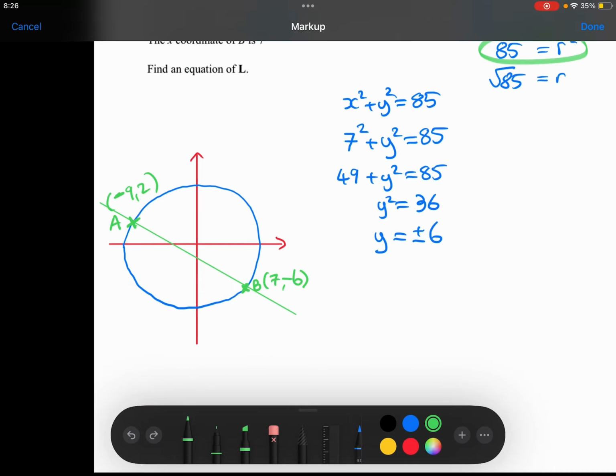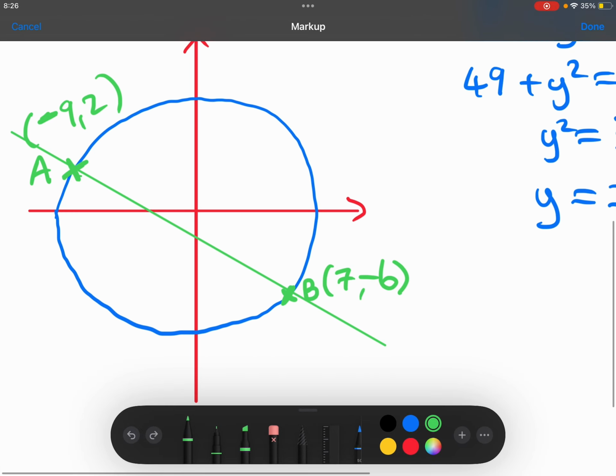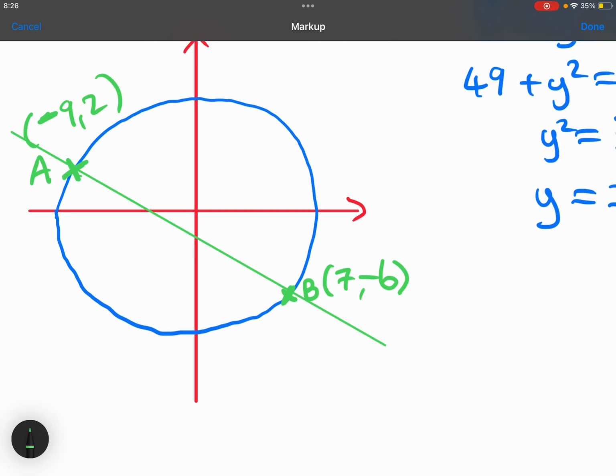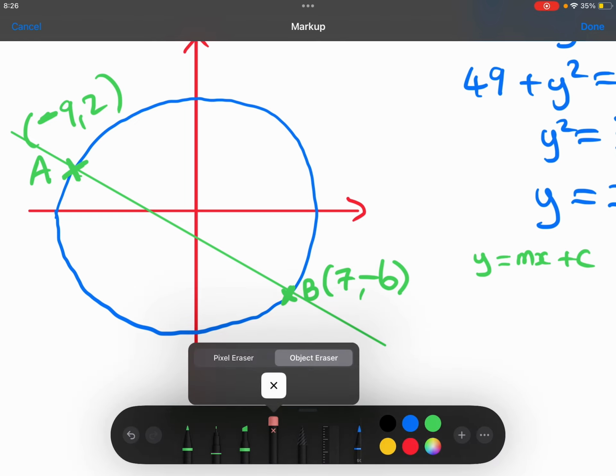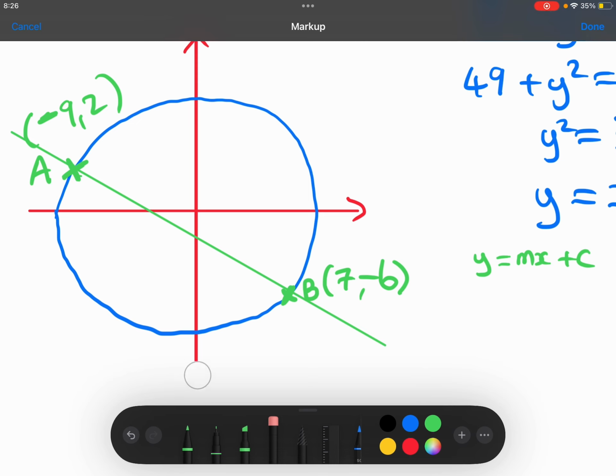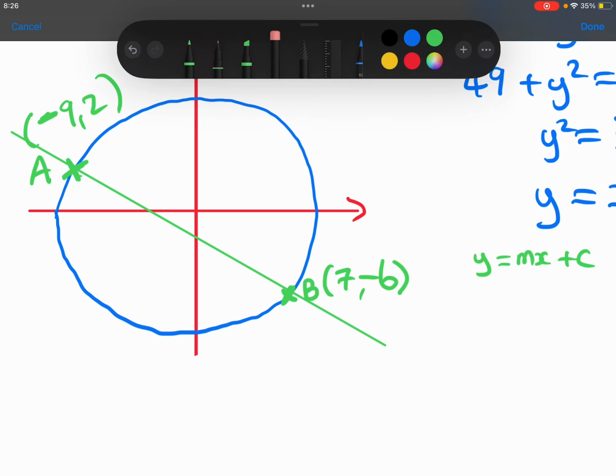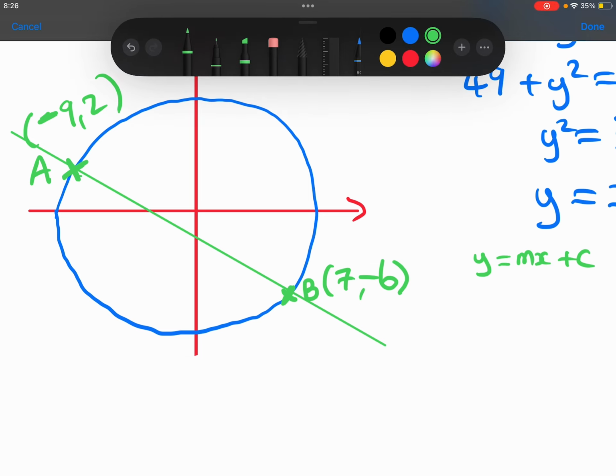Right, now we've got both coordinates of A and B. We can work out the equation of the line going through them, doing y equals mx plus c. Let's work out its gradient first of all. So the gradient is going to be the change in the y divided by the change in the x. So let's look at the y coordinates.